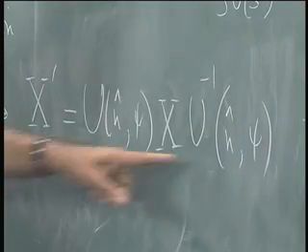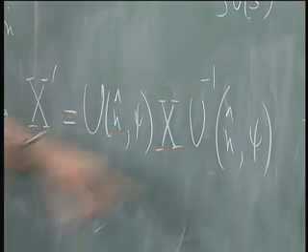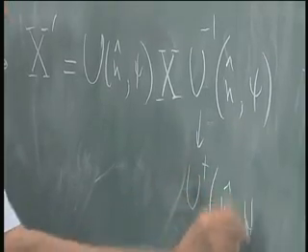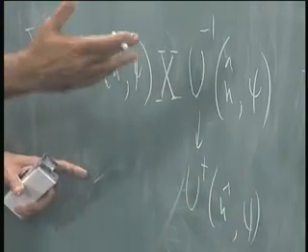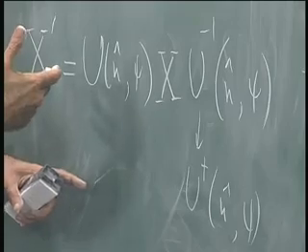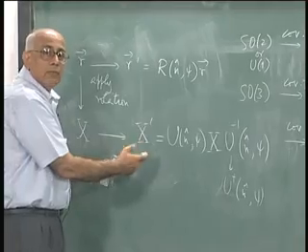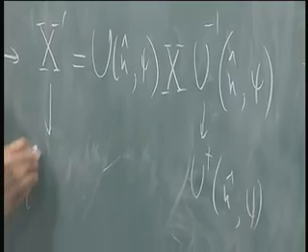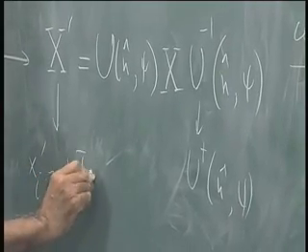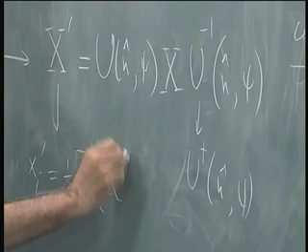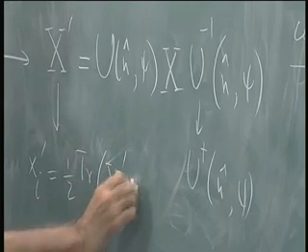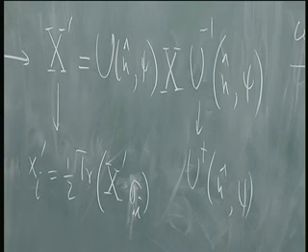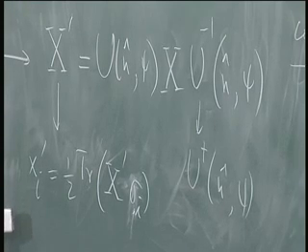Find u inverse, which is the same as u dagger, and then you have to multiply 3 2×2 matrices, that gives you x prime, and from x prime go back to r prime, because I know that x_i prime equals half trace of x prime sigma_i. That will give you the new components.